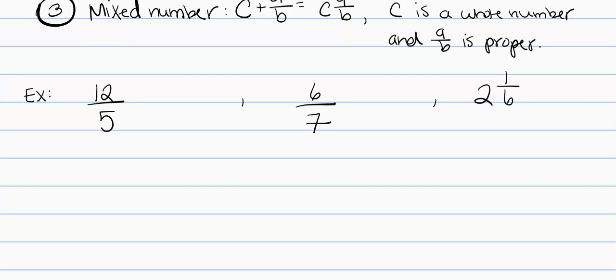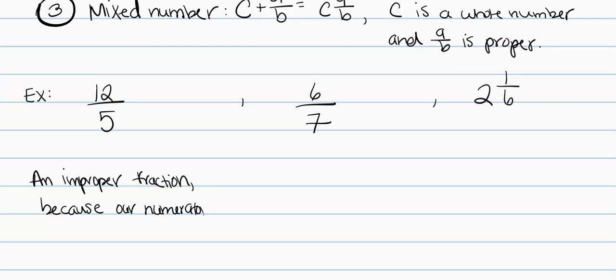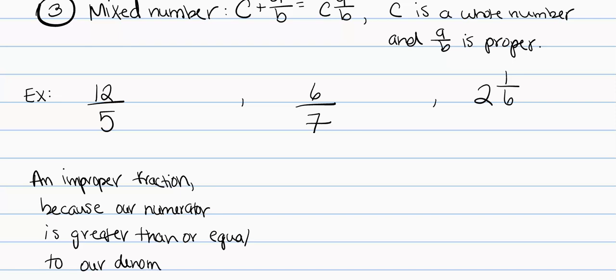Looking at my first example, 12 over 5, we can see that this is an improper fraction. Why? Because our numerator is greater than or equal to our denominator. As you can see, 12 is greater than 5.